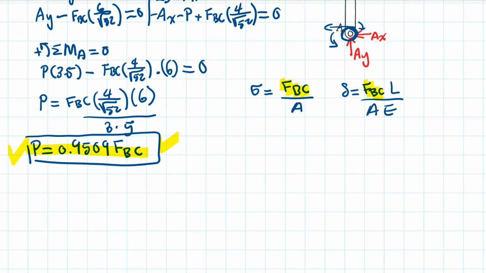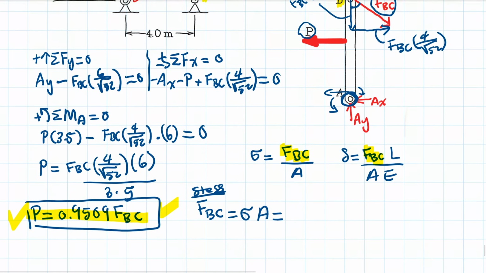So let's start with our stress equation, and let's solve for FBC. So FBC, so this is stress, will equal to the normal stress times area.